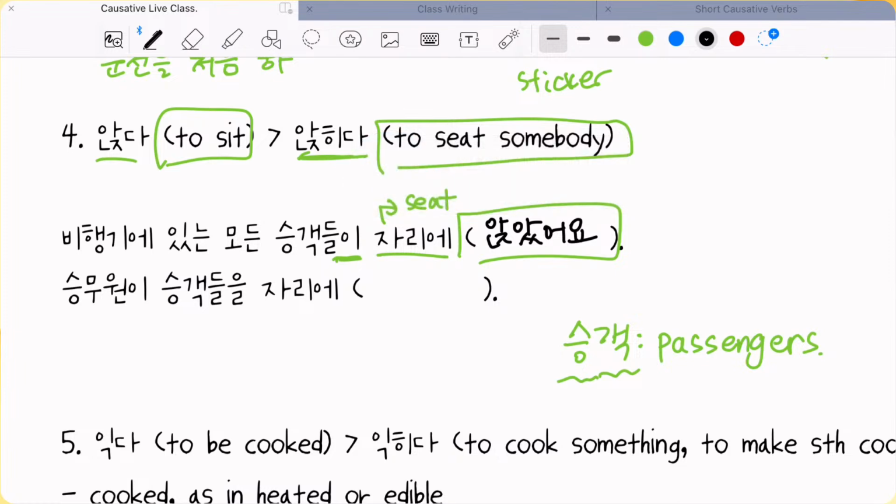The next sentence. 승무원이 승객들을 자리에 blank. So here 승무원 하면요, it means a flight attendant. Stewardess. 그리고 승객들을 자리에 on their seat.